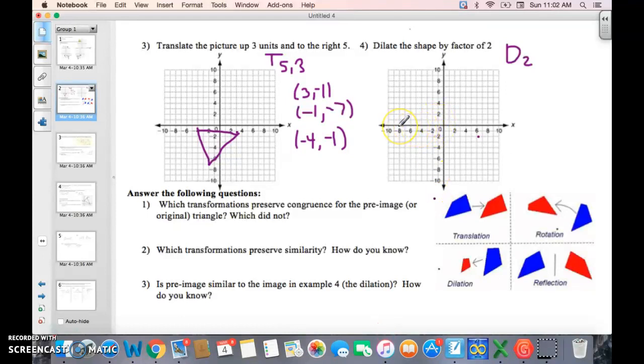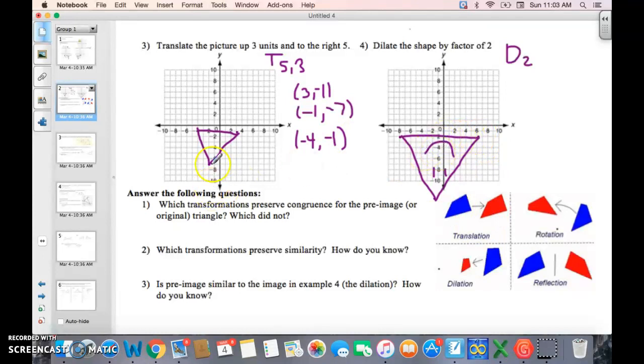And then -4 turns to -8, -1 to -2. So now my new triangle is twice the size of the original, which means his smile is going to be twice as big and his eyes are twice as big as well. Okay, so you should have ended up something like this.